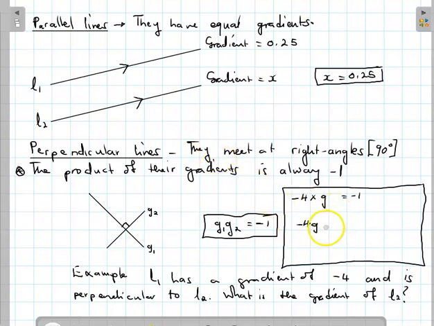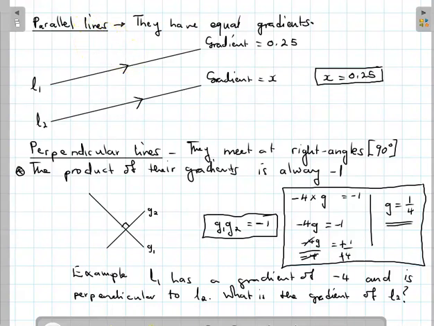Right, so -4G is equal to -1. So you know what you're supposed to do here when you're solving equations. You divide both sides by -4, so that would be -4G over -4 is equal to -1 over -4. Now -4 cancels -4, so you remain with G, and then minus cancels minus, so G is equal to 1/4. So that's how you solve it. So G is equal to 1/4. Just as simple as that.